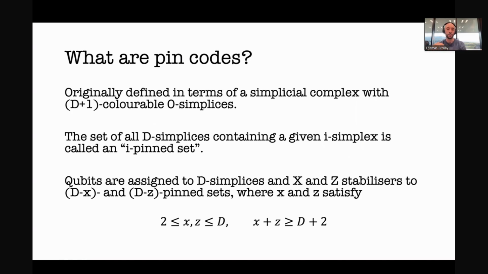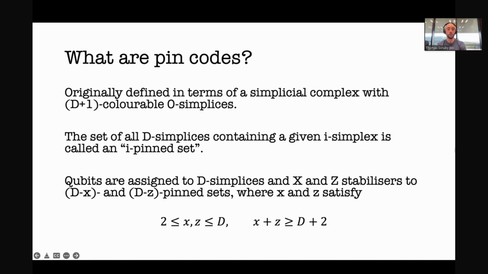So you instead think about a simplicial complex where the 0 simplices are colored with d+1 colors. So every d simplex is going to have d+1 0 simplices as part of it, and each of these should have a unique color. So there's no two 0 simplices with the same color that are part of the same d simplex. And then given this colorable simplicial complex, you're going to pick two numbers, x and z, that are going to satisfy these requirements.